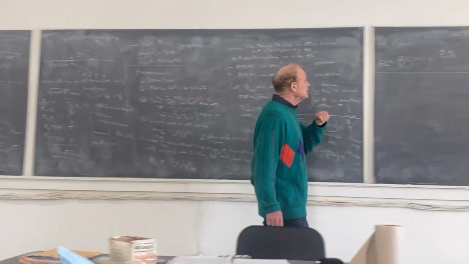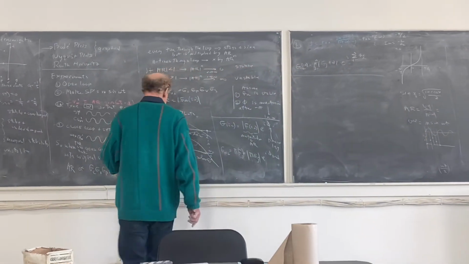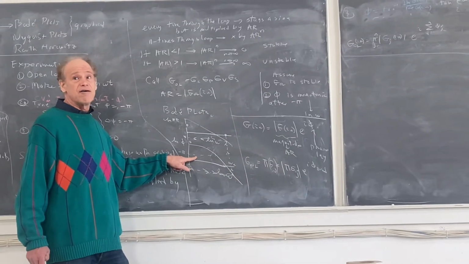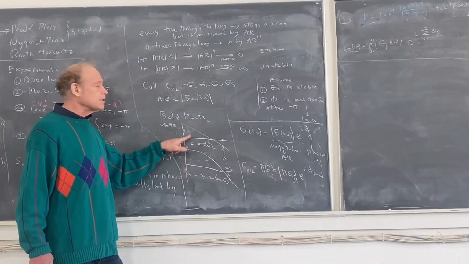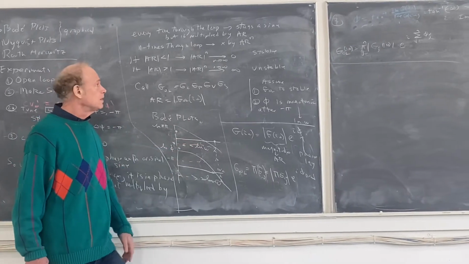And remember what I hinted at here: if I move omega critical to the left, then I'm going to make the system less stable, as long as this is monotonically decreasing.